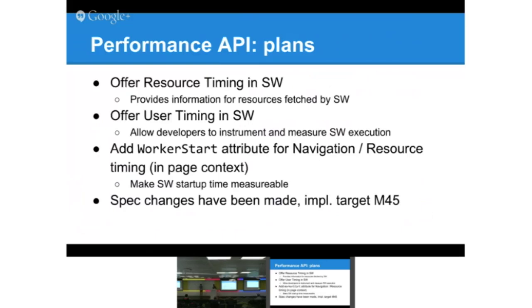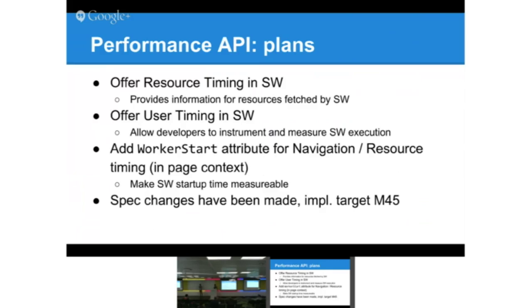So we intend to implement service worker support of the performance API. There are three parts. The first one is to offer resource timing in service worker that provides information for resources fetched by service workers. The second part is user timings in service worker that allow developers to instrument and measure service worker execution time.